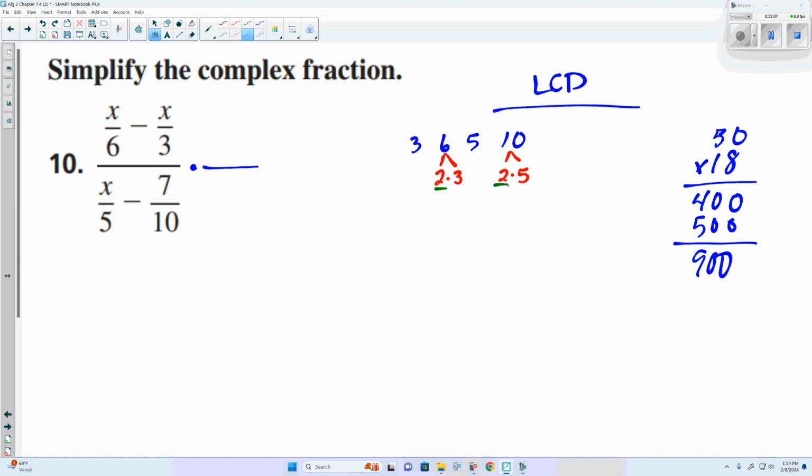Well, 2 appears twice, yes? But in each one it only appears once, so we need 2 once. Let's look at 3. We have 3 by itself, and here we have a 3, but each of these only appears once. 5 is the only other one, but it only appears once in each one, yes?